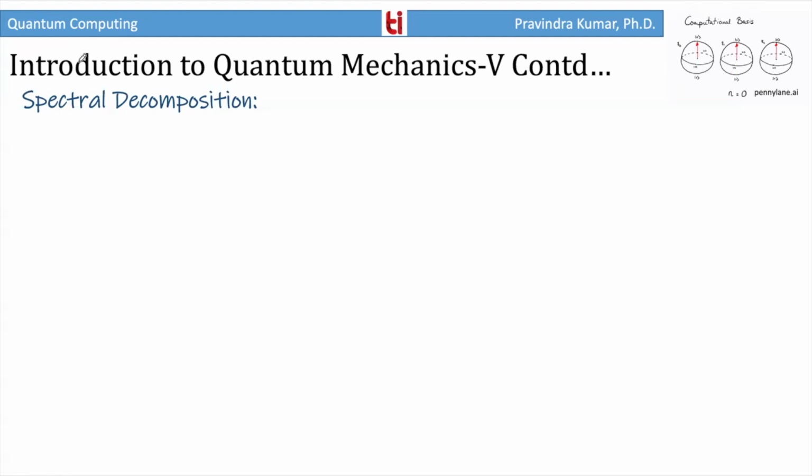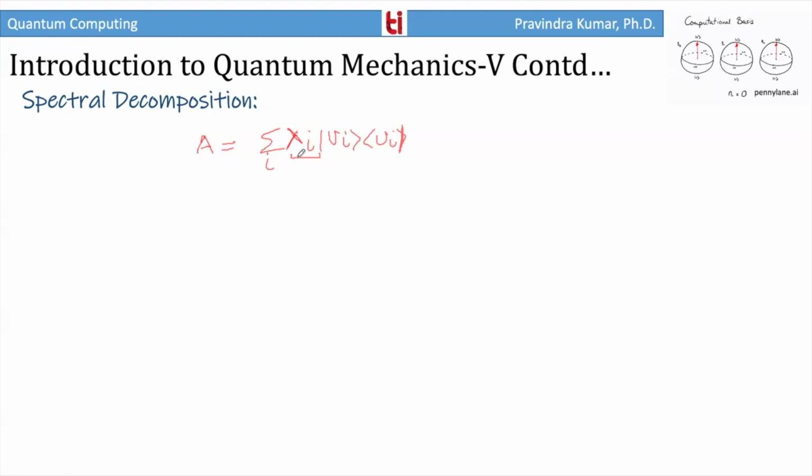The spectral decomposition is just a recipe for writing a Hermitian operator in terms of its eigenvalues and eigenvectors. So if there is an operator A, it can be written as the summation of eigenvalues multiplied by the outer product of the eigenstate. Here lambda i is the possible outcome or eigenvalue of the measurement.